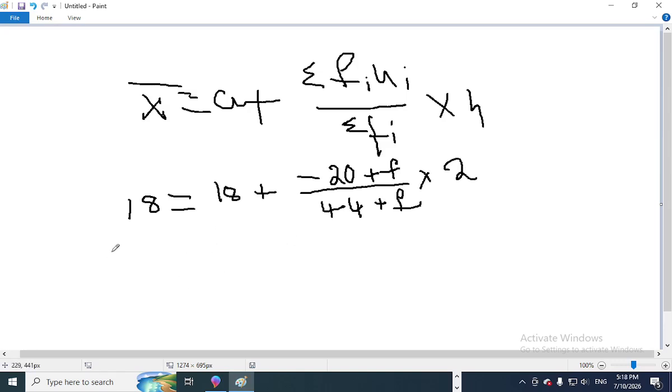Then in the simplification process, if we transpose the 18 to the LHS, we will get 0.